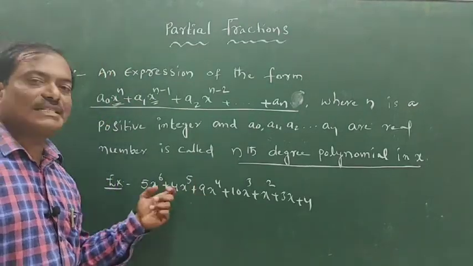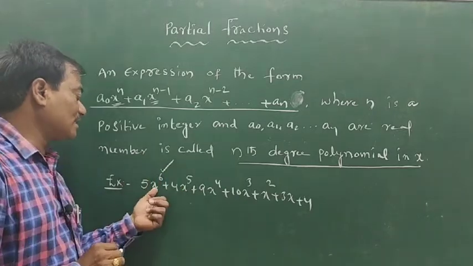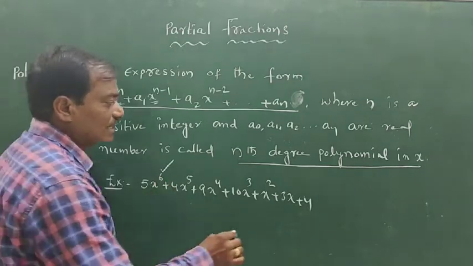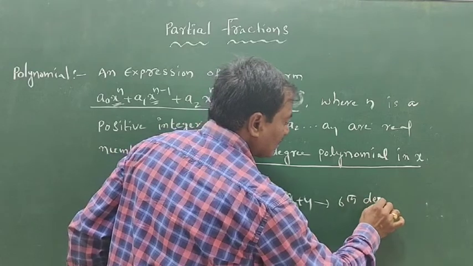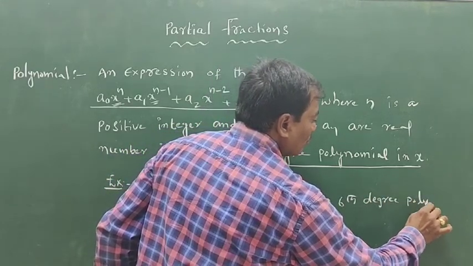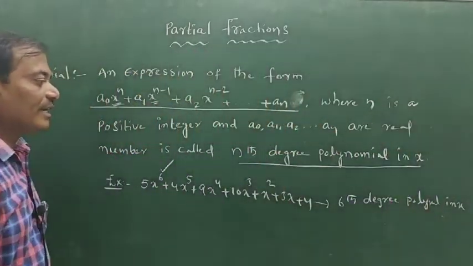What is the highest power of x here? The highest power of x is 6. Therefore this is a sixth degree polynomial in x.